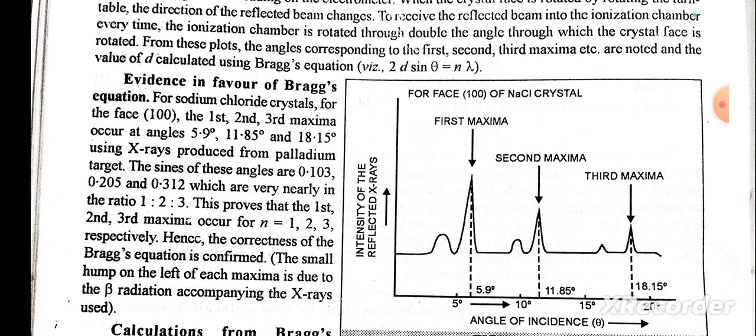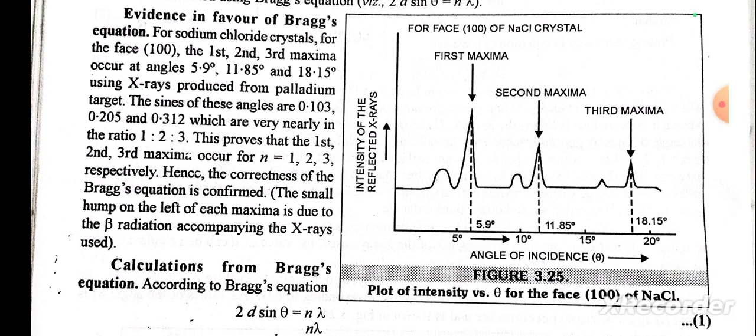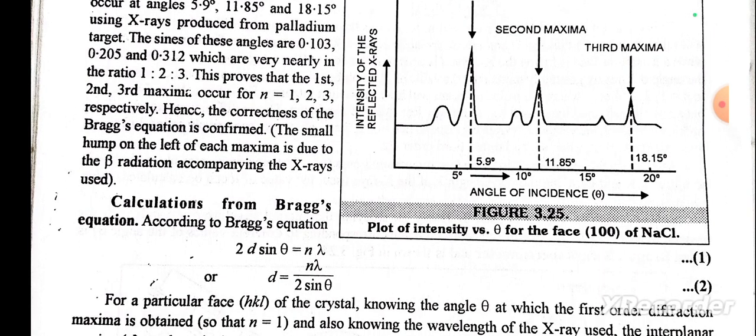For a sodium chloride crystal, the faces give the first, second and third maxima at angles of 5.9, 11.85 and 18.15 degrees using X-rays produced from a palladium target, and the sines of these are 0.103, 0.205 and 0.31, very nearly in the ratio 1 to 2 to 3. This proves that the first, second and third maxima occur for n equal to 1, 2 and 3 respectively.